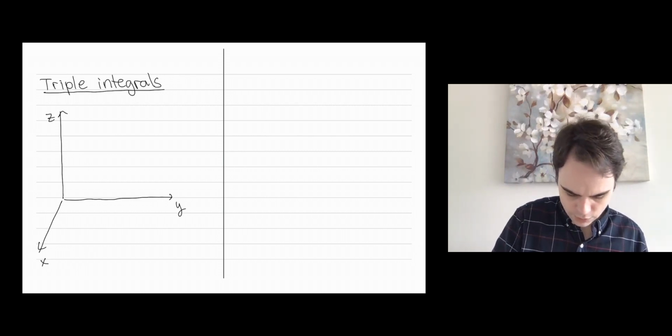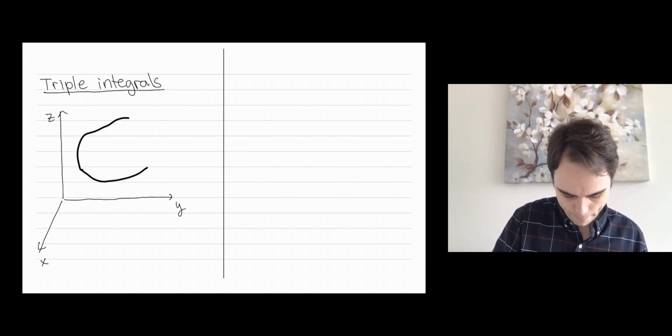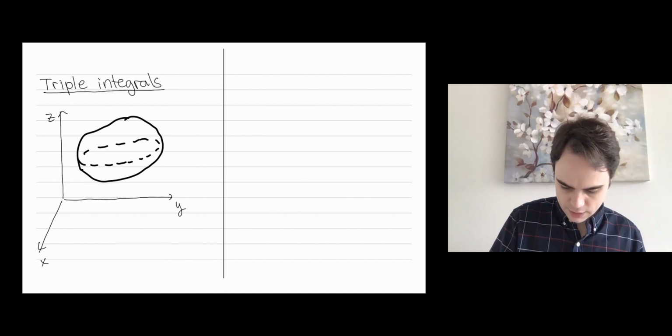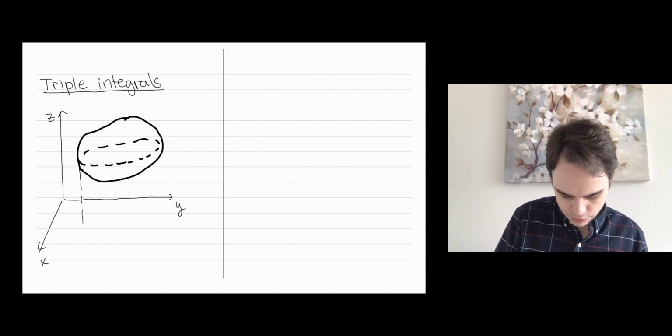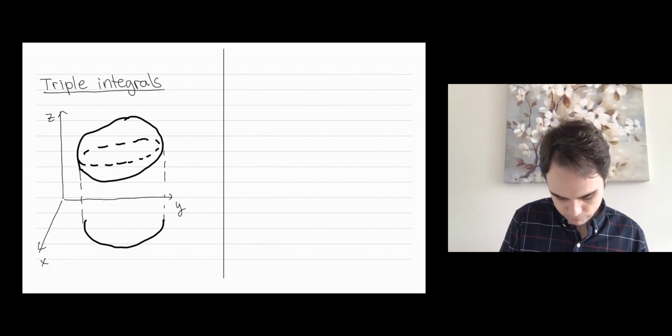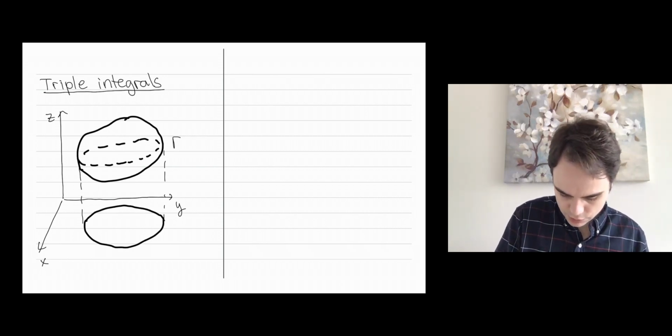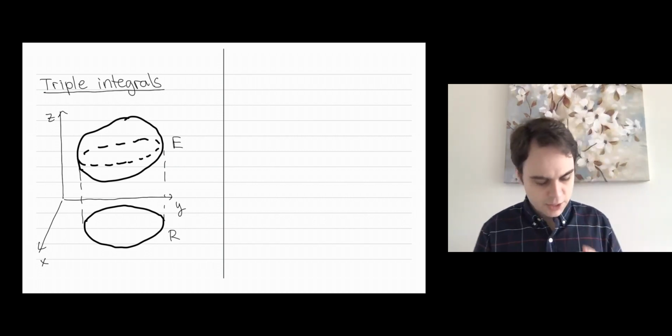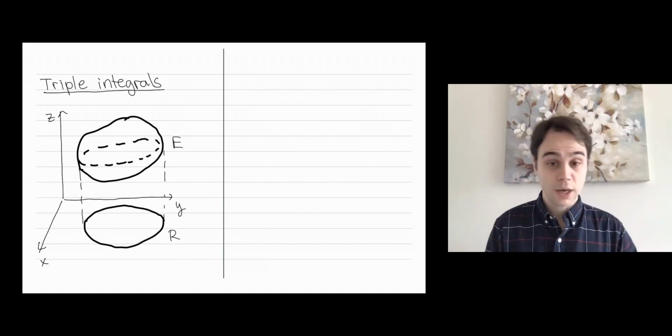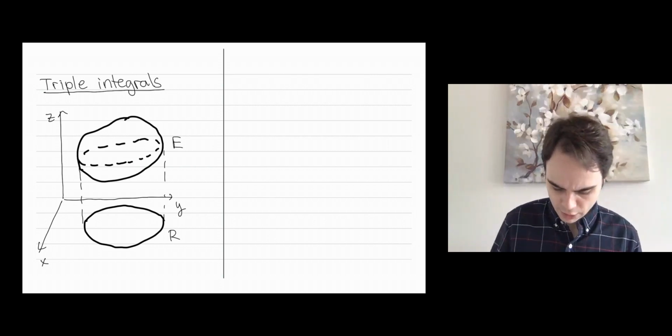Here's our solid region, and here is the projection of said region onto the xy plane. E is our solid region and R is its projection. R is going to be important, it's going to be useful when we set up the triple integral.